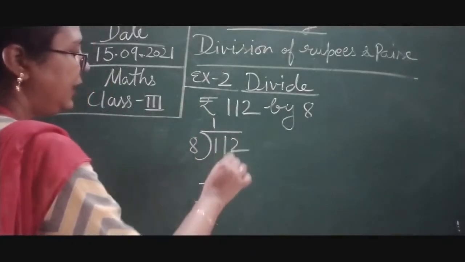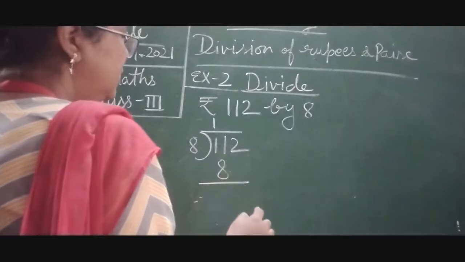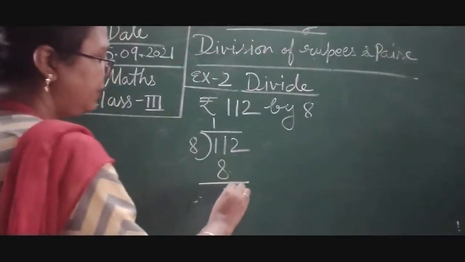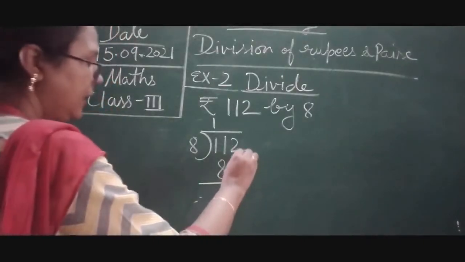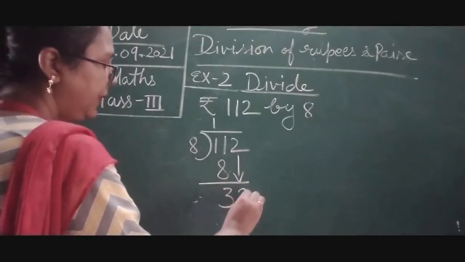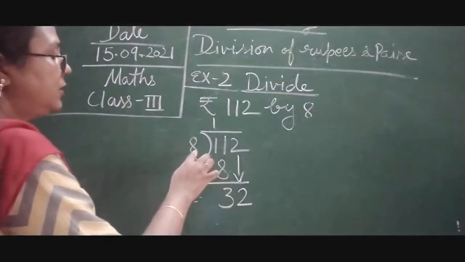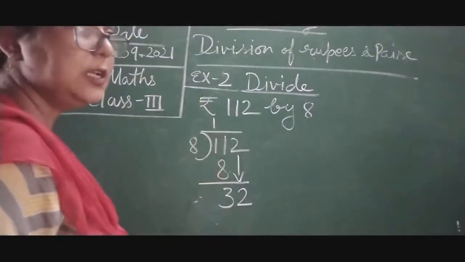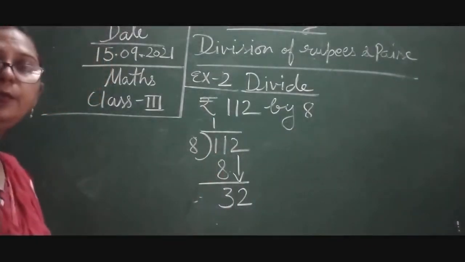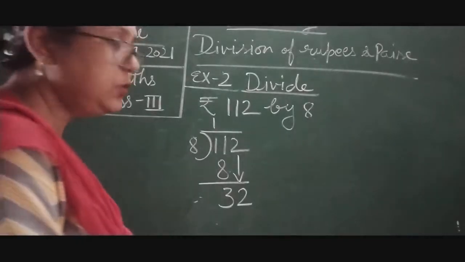Here, children, 11 minus 8: 9, 10, 11, we get 3. Now 2 will be dragged down, so it becomes 32. Now, children, 8 ones are 8, 8 twos are 16, 8 threes are 24 and 8 fours are 32.